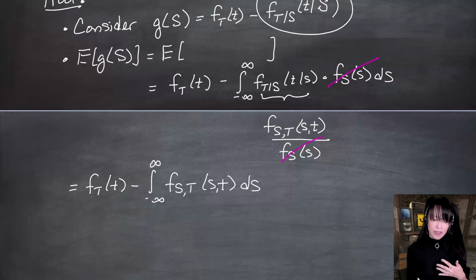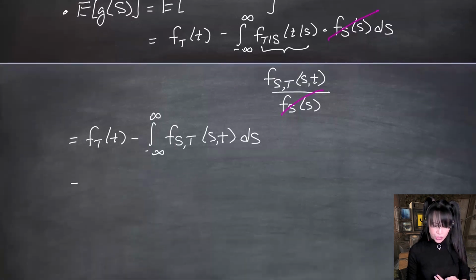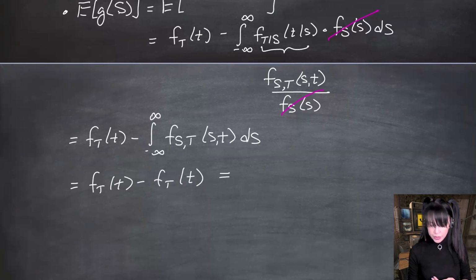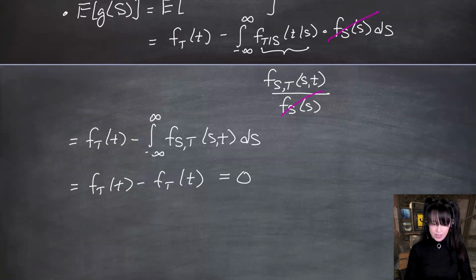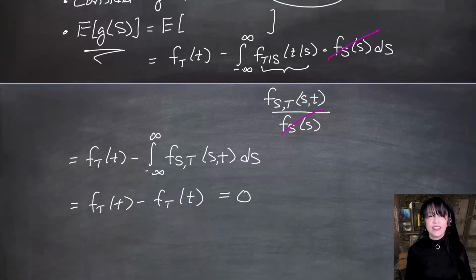And when you integrate s out of that joint PDF, you end up with the marginal PDF for T. And so overall, this expectation is going to be 0. So I took the expected value of a function of S and got that it was 0.